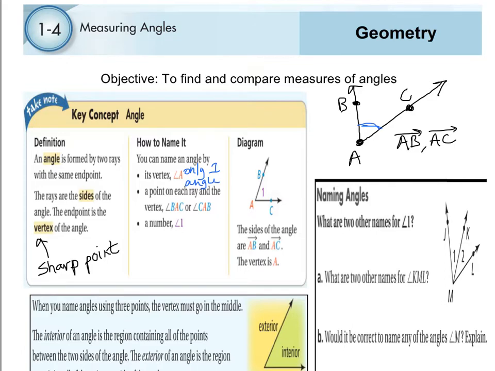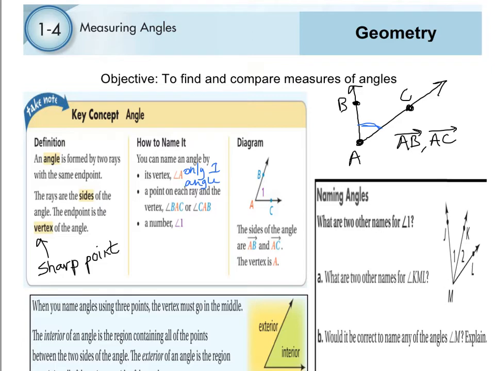You can also name an angle with a point on each ray and the vertex. For example, in the diagram, this is angle BAC or angle CAB. But you'll notice the red letter in the middle, letter A, is always the vertex. The middle letter is always the vertex.